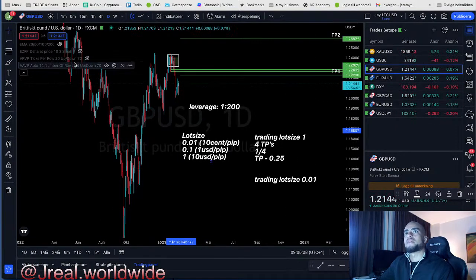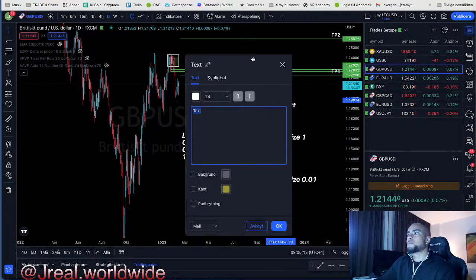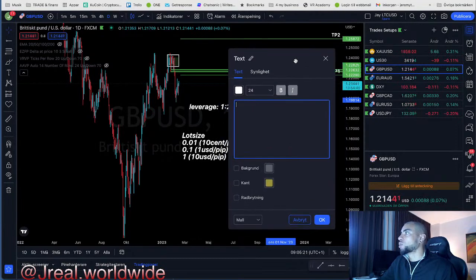So in this case, we have GBP USD. And on GBP USD, let's say the price now is about 1.2144. So if the price is 1.2144, your pip is not the 1, not the 2 after the comma, not the 1 after the comma, not the 4 after the comma, but the fifth digit.